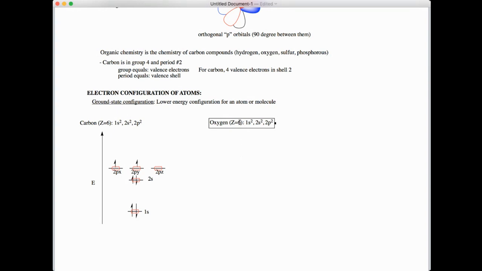So what about oxygen, guys? What's the atomic number of oxygen? 8. So if 8 is the atomic number of oxygen, that means that we have 8 protons and then we have 8 electrons. So if we have 8 electrons, we just need to add to compare to carbon.